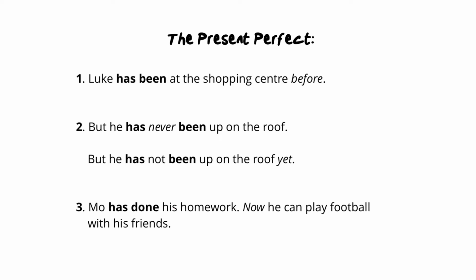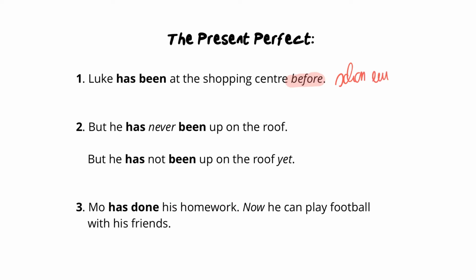Translating that sentence into German can help you find out if you use the present perfect here. You could translate that sentence as follows. Luke ist schon einmal im Einkaufszentrum gewesen. So we can translate the before with German schon einmal.